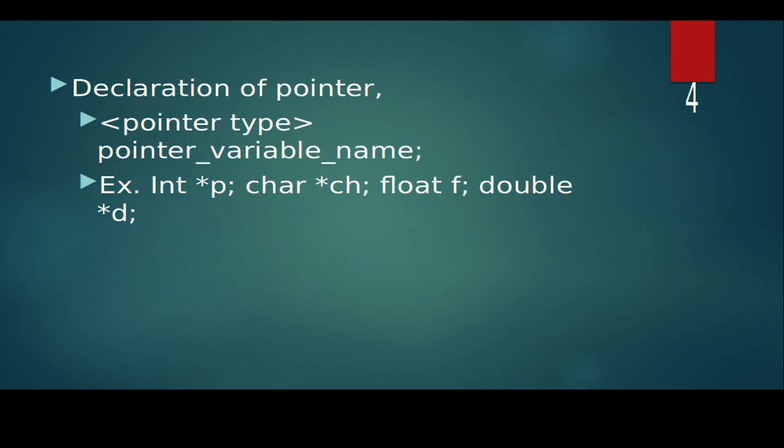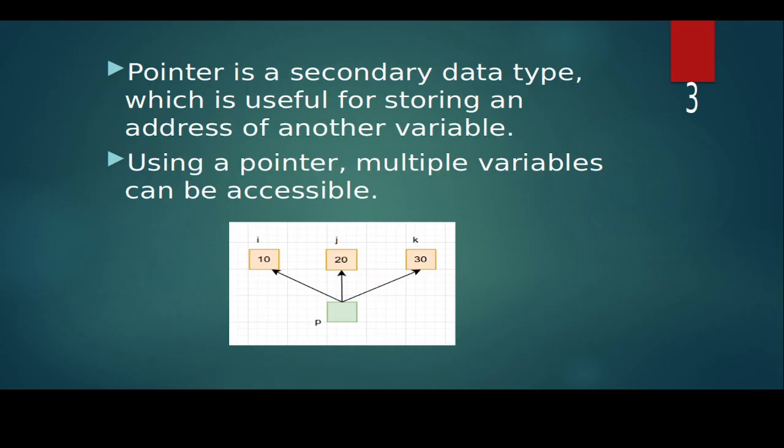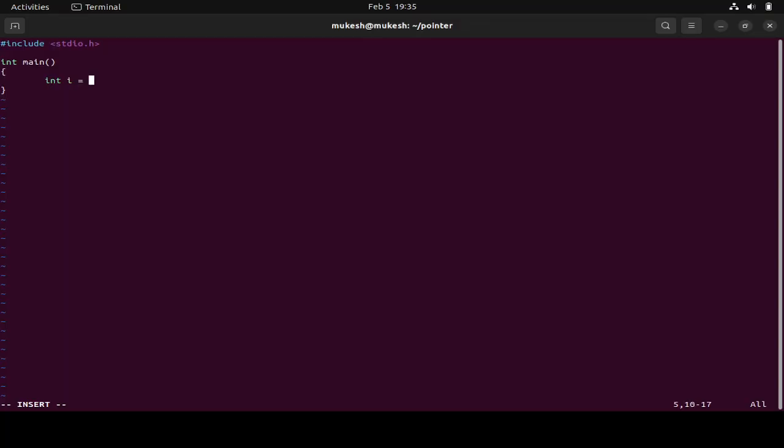I'm taking an example for this theory, so be careful. Integer i is holding 10, integer j is holding 20, integer k is holding 30. Okay, now let me declare one variable p. Okay, till now it is clear, right?